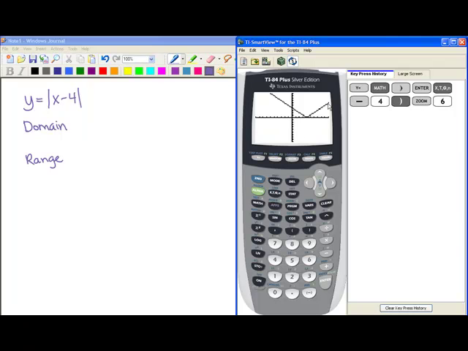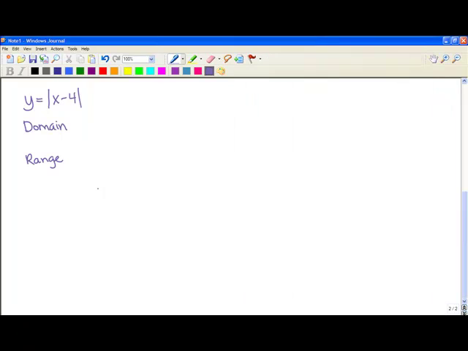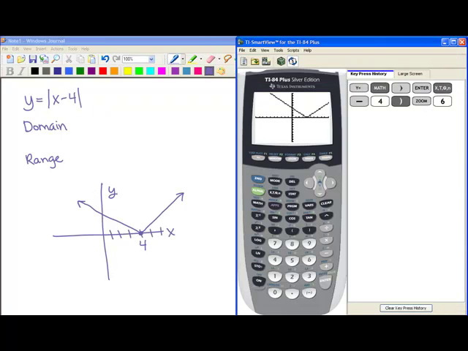So I'm going to sketch this graph over on the screen. All right, so that's the approximation of the graph. Just draw it the best that you can.